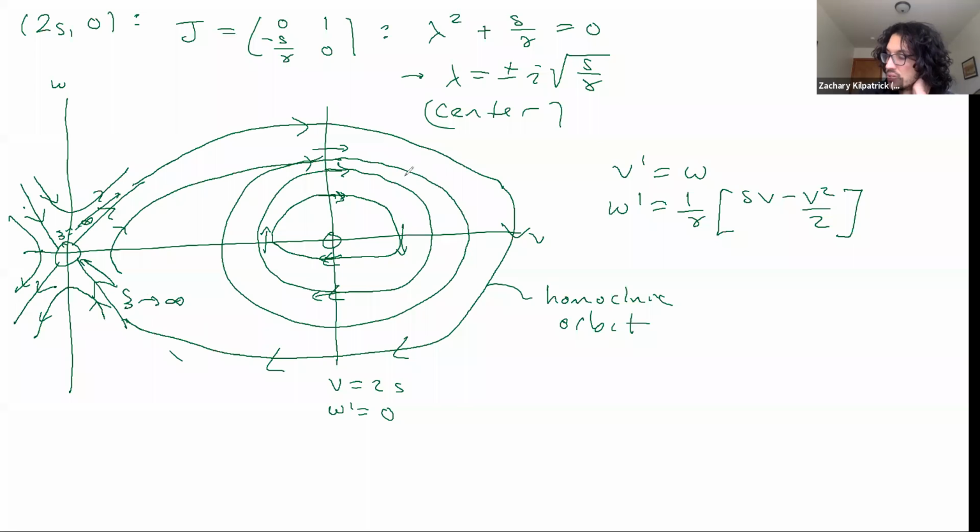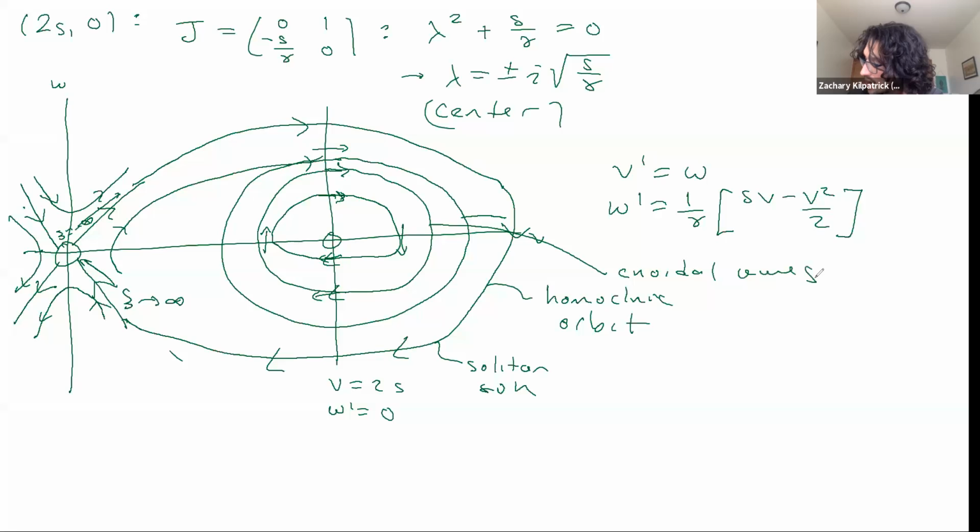What are these solutions here? Okay, so this is my soliton solution. Okay, these are, and I always say this wrong, these are our conoidal waves. Can never remember if it's conoidal or sinoidal, okay?